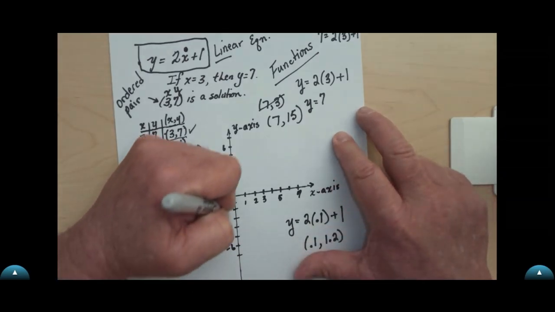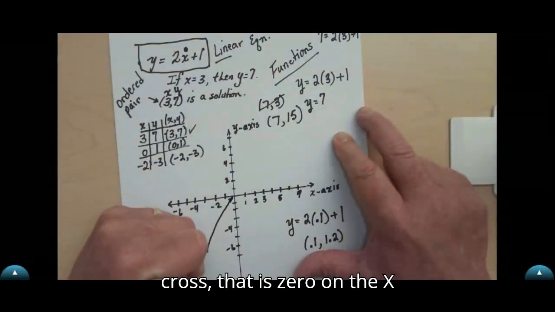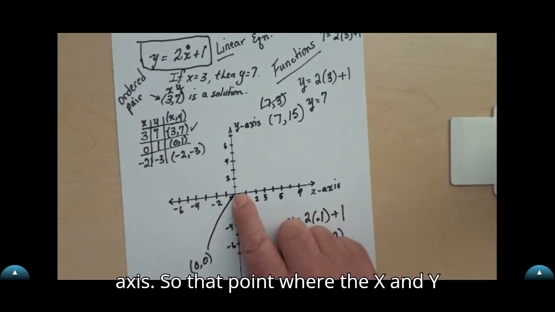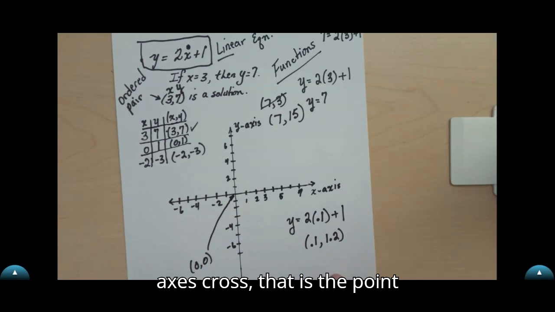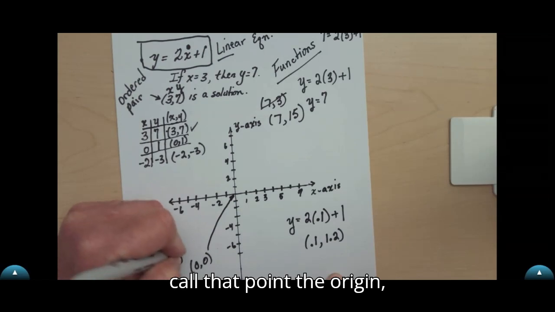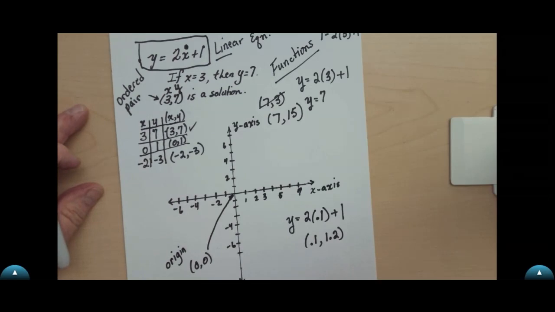By the way, the point where the x and y axes cross is 0 on the x-axis and also 0 on the y-axis. So that point is the point 0, 0. We often call that point the origin. Origin, like starting point, right?